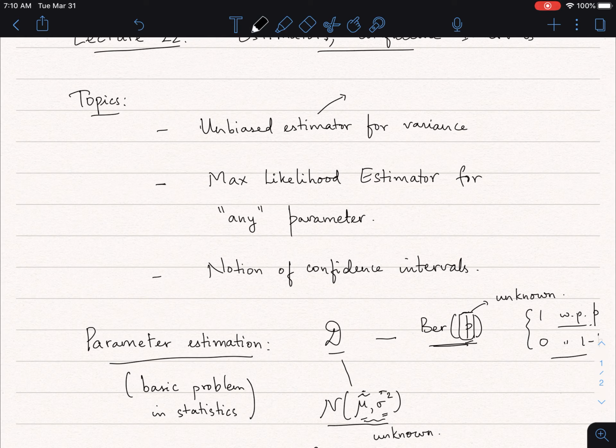The way we do it is that we have data x1 through xn, and we said that these are IID samples, which means they are independent and identically distributed according to this distribution D. An estimator using these samples is some function t of x1, x2 up to xn.